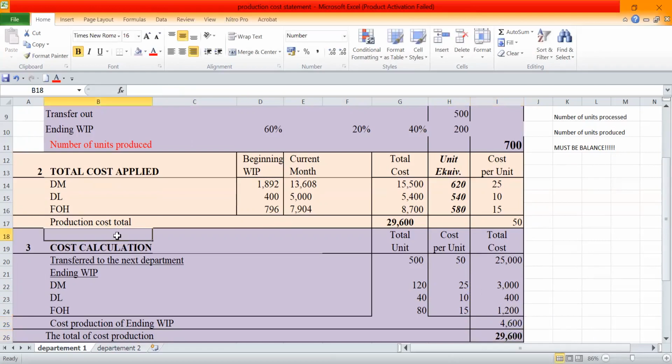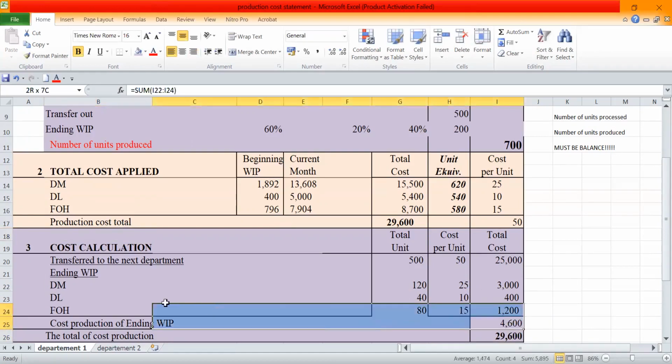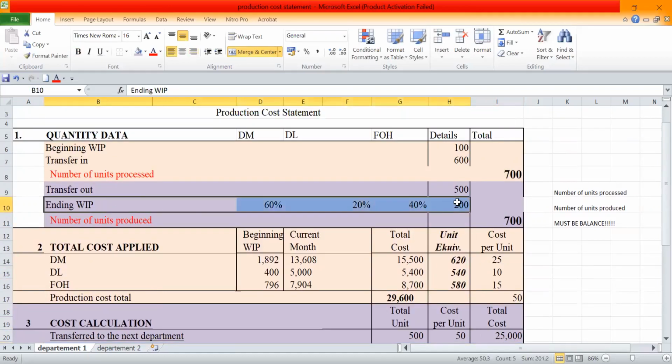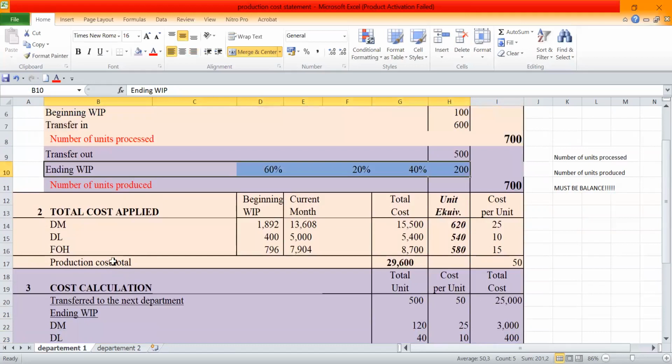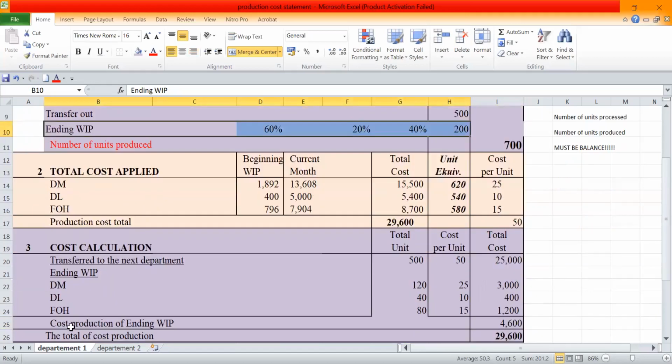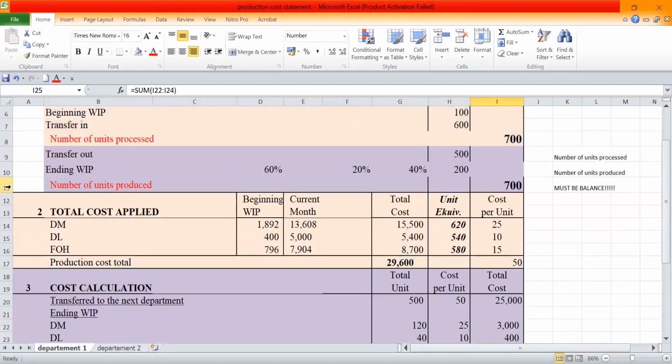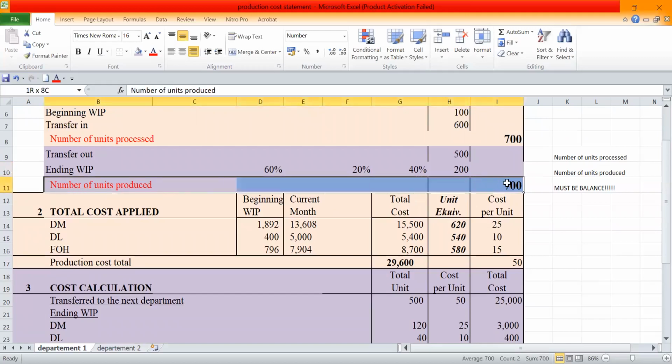Okay, so when we ask how much the dollar or rupiah amount of the ending work in process is, we got the answer that the cost production of the ending work in process, about 200 units in here, is this number, 4,600.